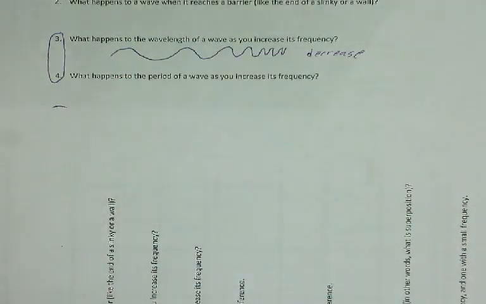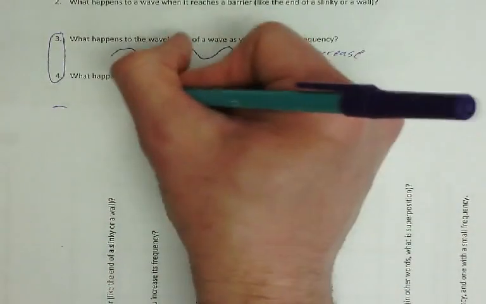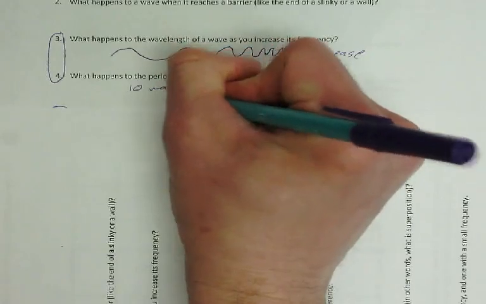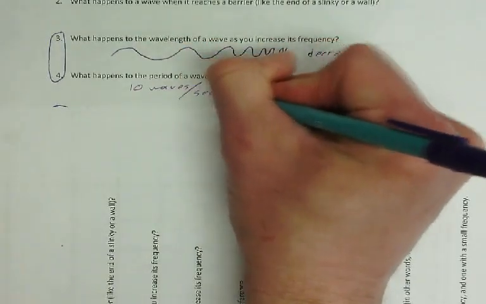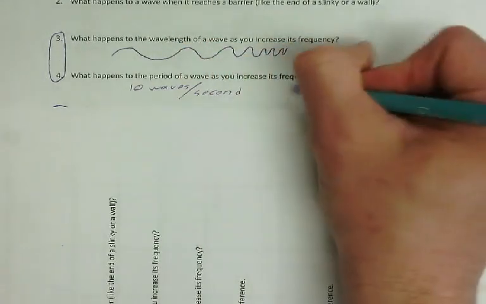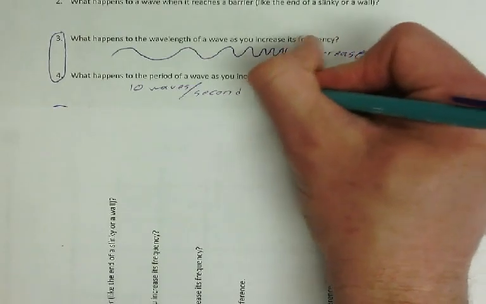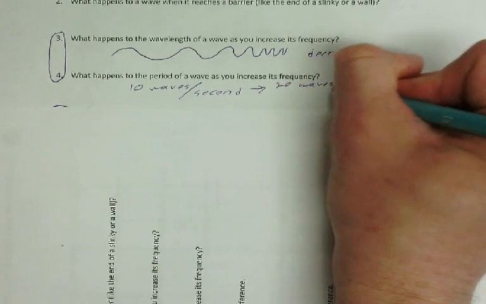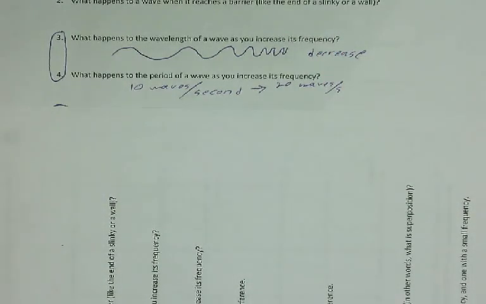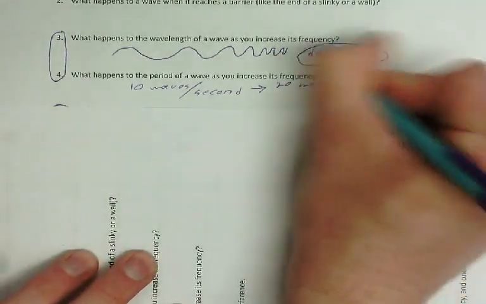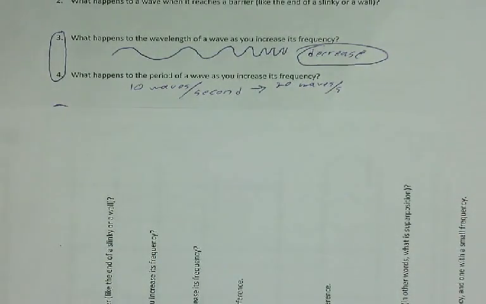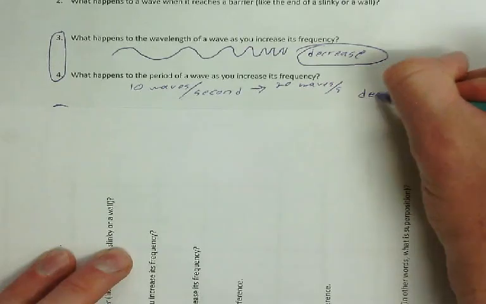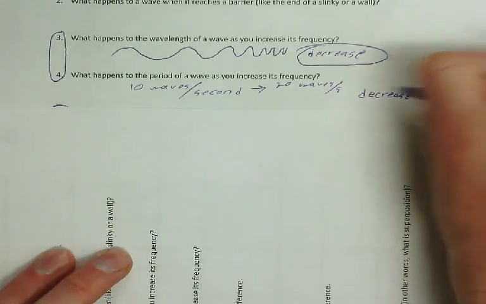So for example, if you have 10 waves per second, and now you increase that to 20 waves per second, what's going to happen to how long it takes to make each of those waves? It's going to take less time. Each wave is going to take less time to make. So that'll decrease your period.